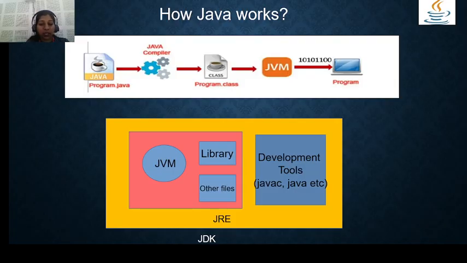The JRE includes the JVM, the Java Virtual Machine, which is responsible for running the application and getting the output. It also has the Java libraries and development tools like javac, java, etc.